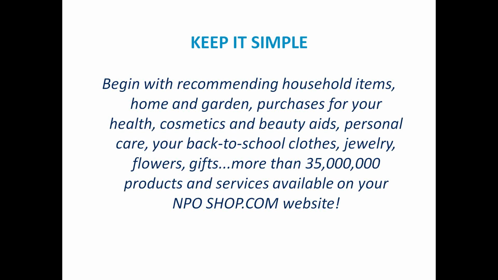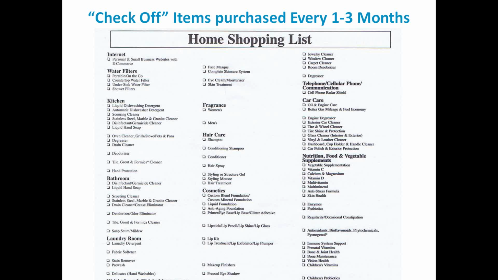Begin with recommending household items, home and garden, purchases for your health, cosmetic, beauty aids, personal care, your back-to-school clothes, jewelry, flowers, and over 50 million products and services are available on your website. So we have a home shopping list. We have something also called a shopping advisor that walks you through your house.